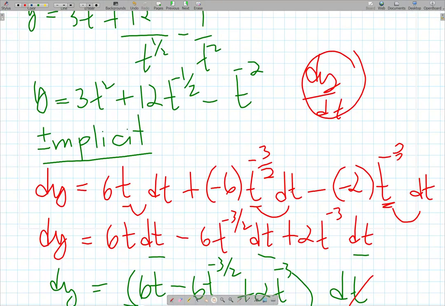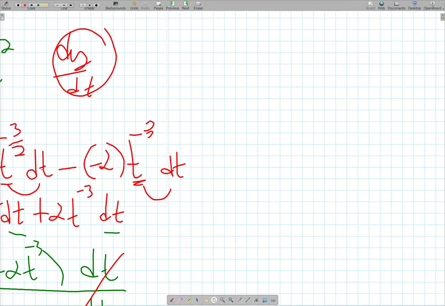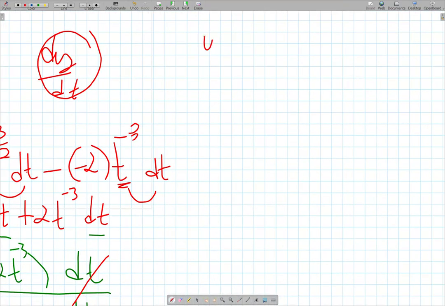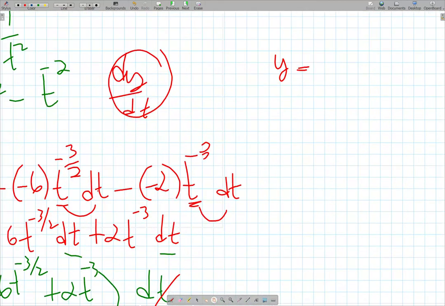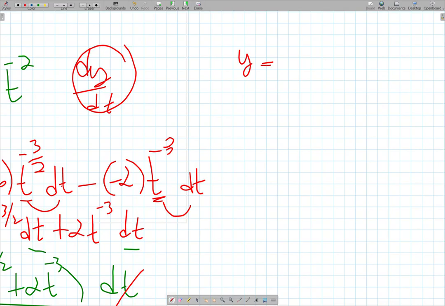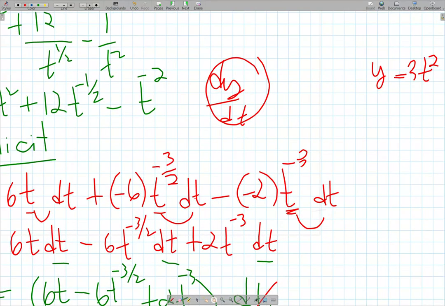Kaya ano ba ang given equation? Ang given equation natin, let's call it y equals 3t square, anong next?